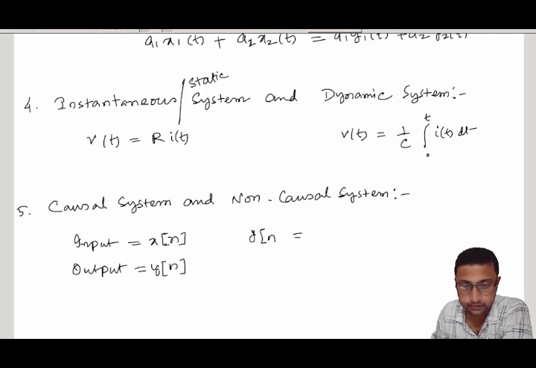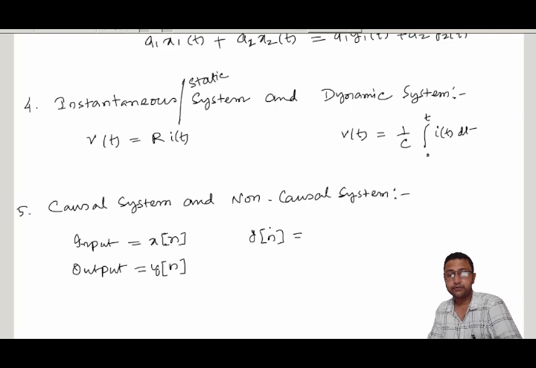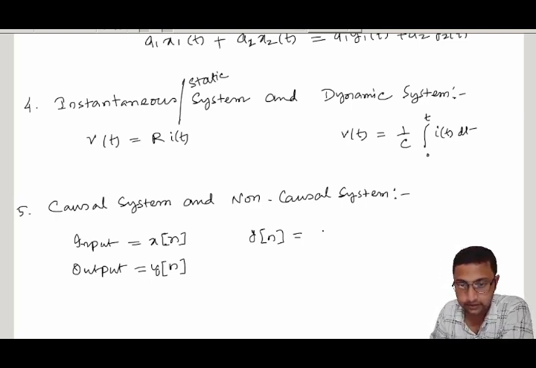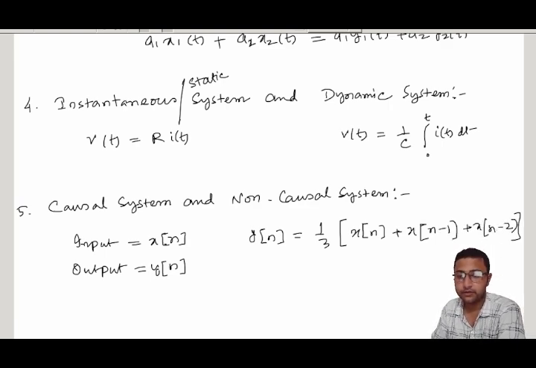So if we discuss the moving average of the system, y[n] will be one third of x[n], which is the present state, plus the past states x[n minus 1] and x[n minus 2]. This is an example of a causal system.